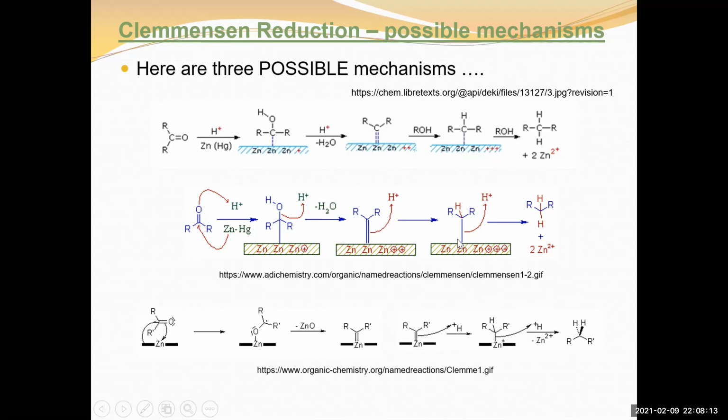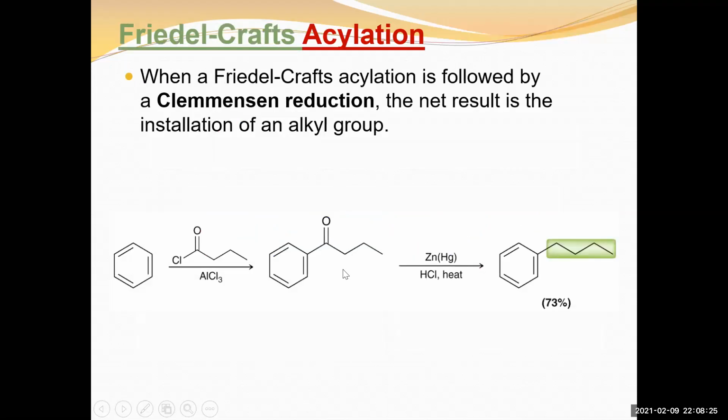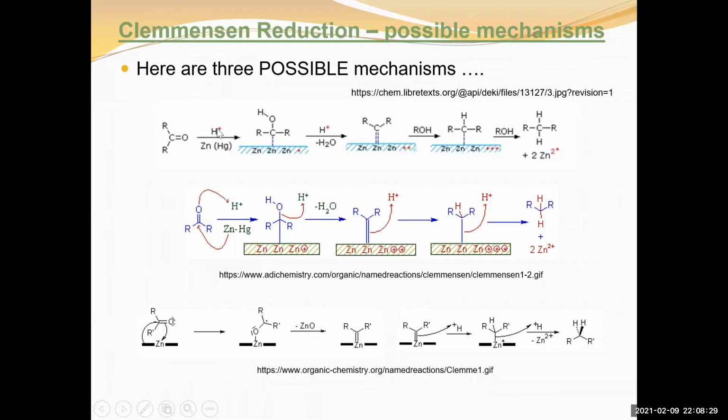Actually these first 2 are similar, but not quite the same. They all start with the ketone form. So you've already done the acylation process and you have the ketone. They all use acid over zinc and mercury. This one is acid over zinc mercury, but notice it's just showing it really interacting with the zinc.